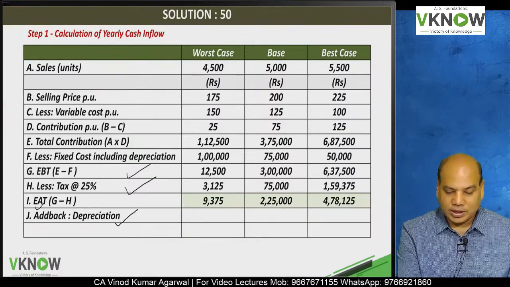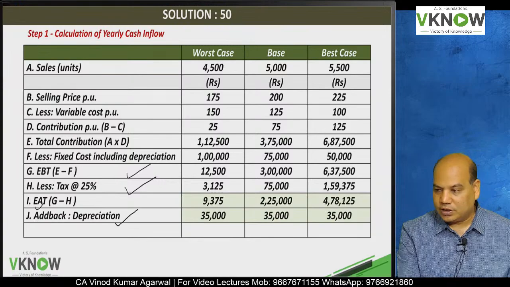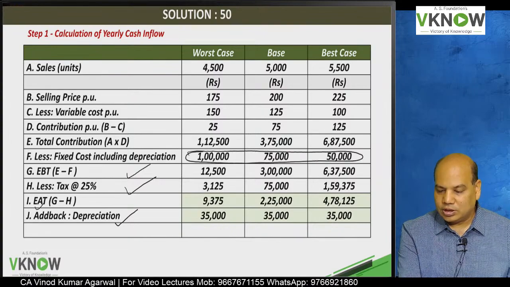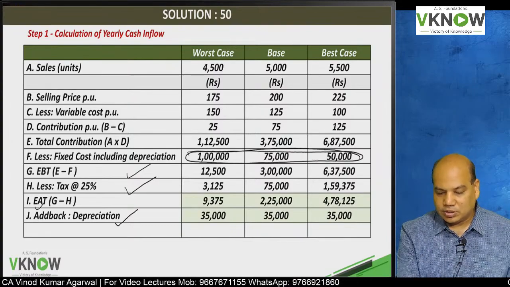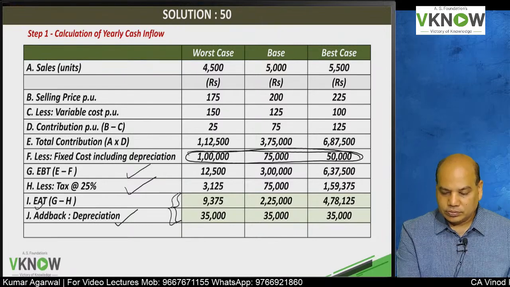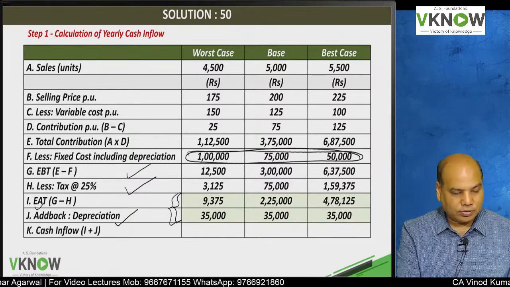Add back depreciation. Under that you will write 35,000 each, because this fixed cost includes depreciation and the depreciation amount is constant. If you add these two numbers, you will get cash inflow.